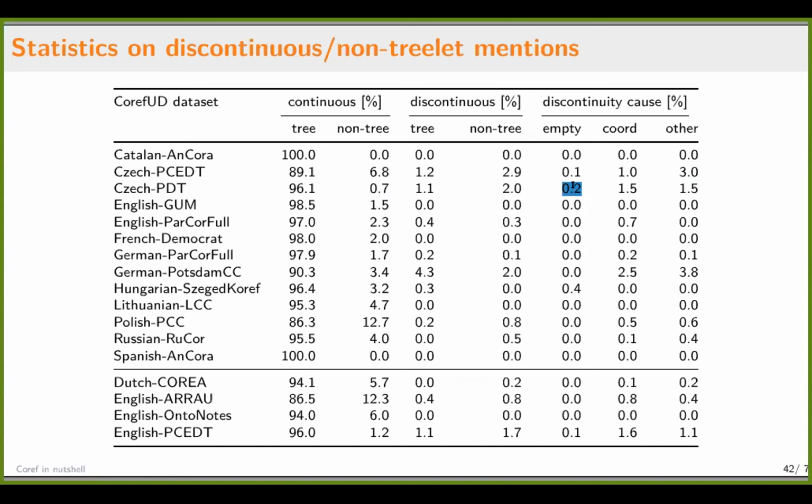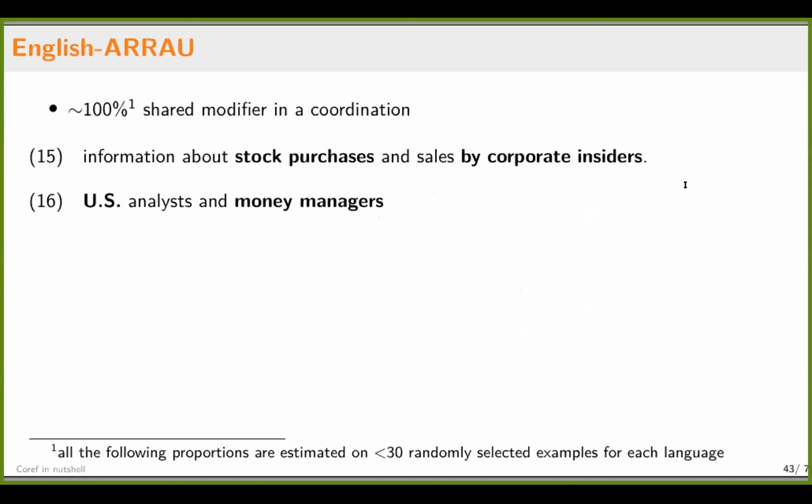So sometimes it's the empty node within the gap. So this is somehow spurious, perhaps. Sometimes it's related to coordination. So far, I only detected that there is a conjunct label in one of the dimensions. And there are other cases which still need to be detected.